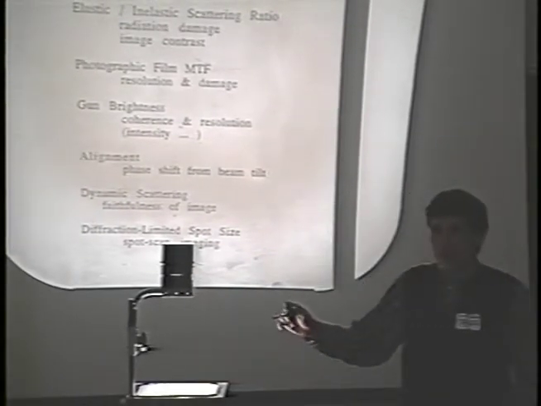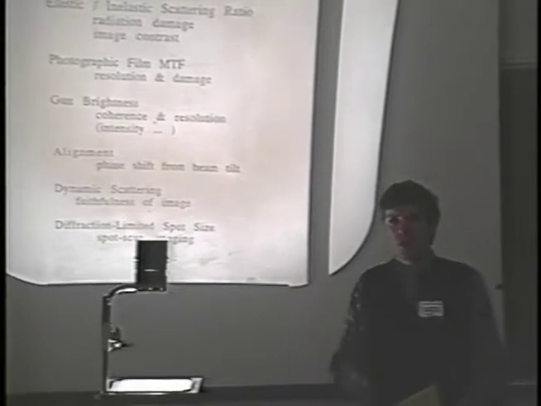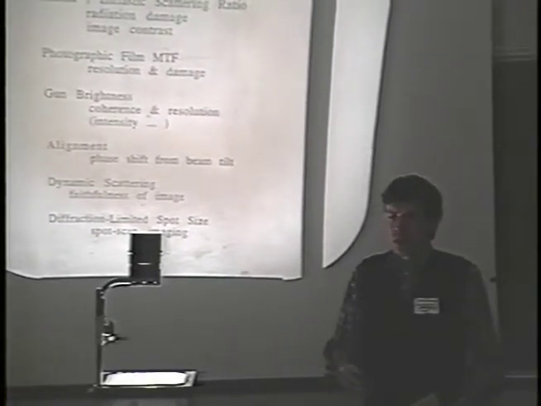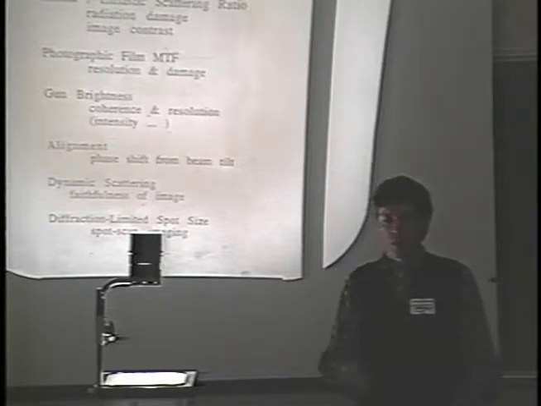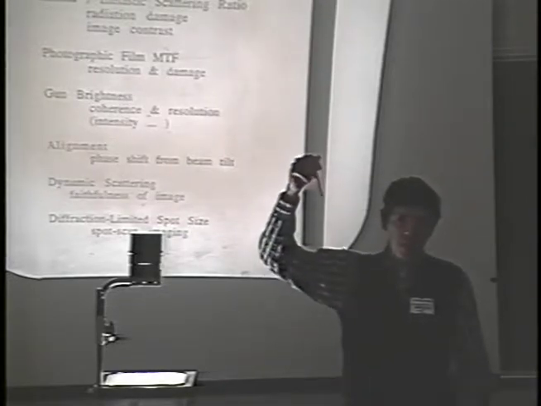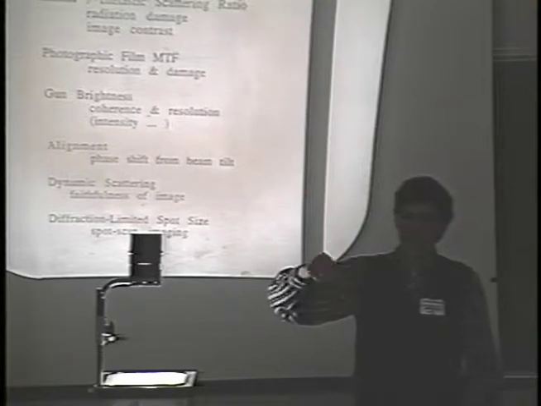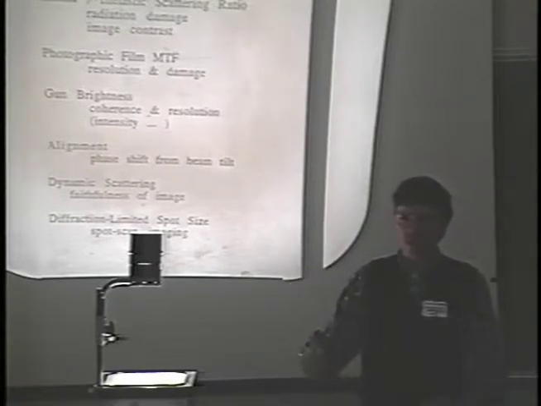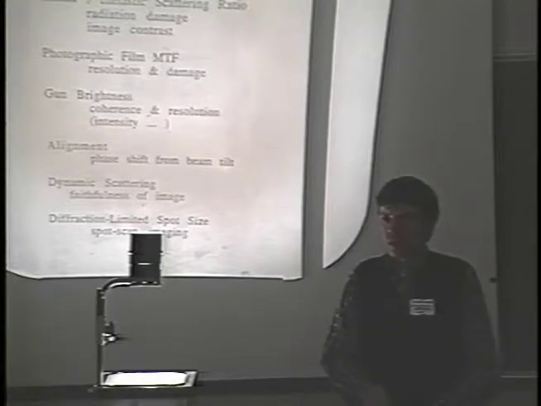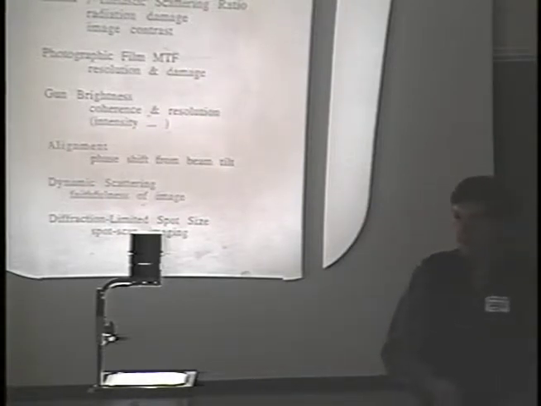Now, the exposure of the photographic film basically is an inelastic scattering event in the photographic emulsion. So the electron comes into the film emulsion and scatters around inelastically, losing energy as it scatters around in order to cause photographic grains to be developable.